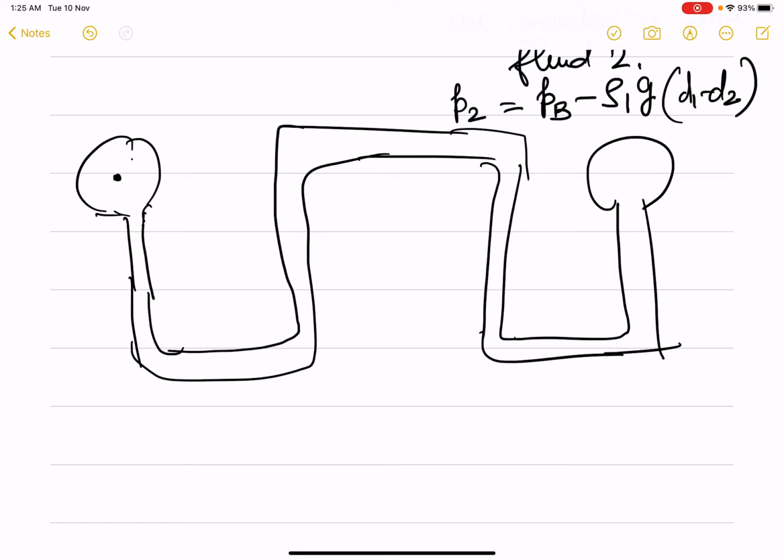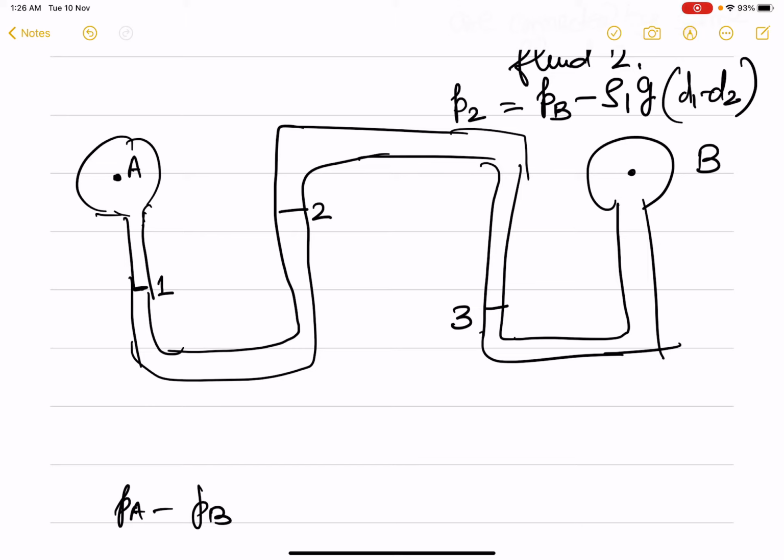Let us say this is some point A and this is point B. We want to find PA minus PB. So we fill this with different fluids. Let's call this point 1, this point 2. Let this be 3.